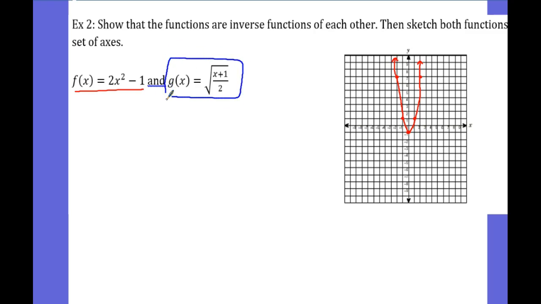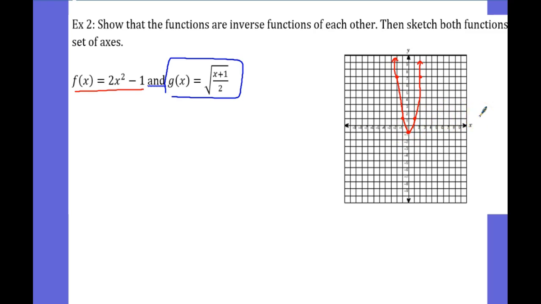It is the square root of (x plus 1) all over 2. Yep. So this is positive, so we're probably going towards the positive side of our parabola. We know that a square root function kind of looks like this.